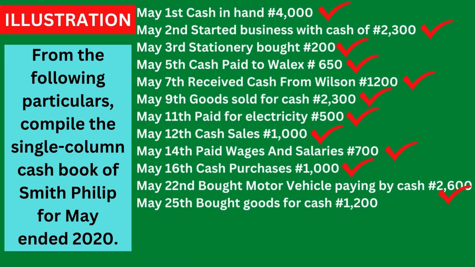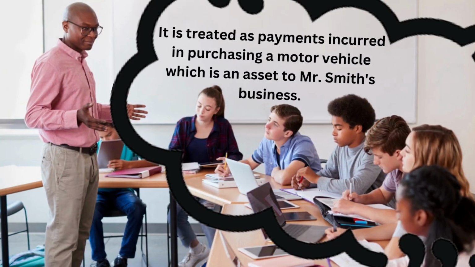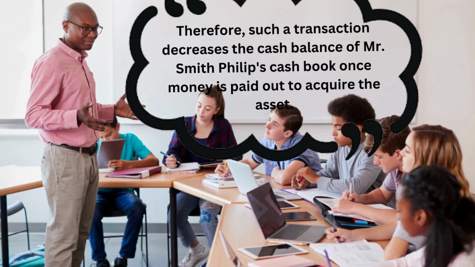Here it is. May 22nd, bought motor vehicle, paying by cash, 2,600 naira. It is treated as payments incurred in purchasing a motor vehicle, which is an asset to Mr. Smith's business.